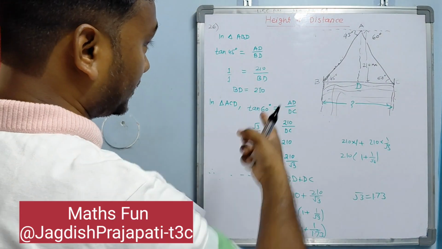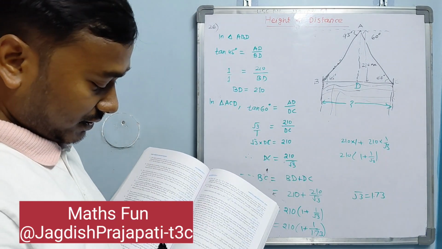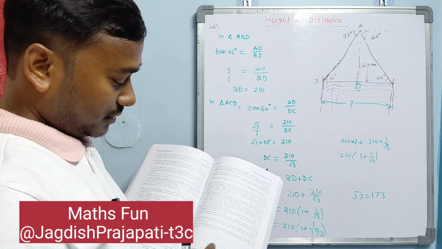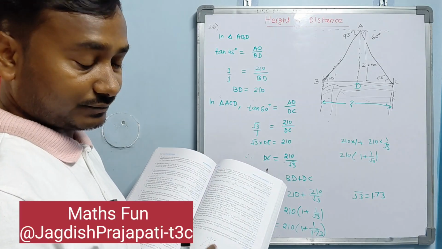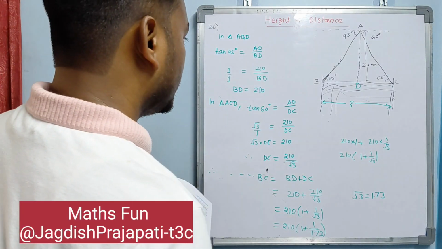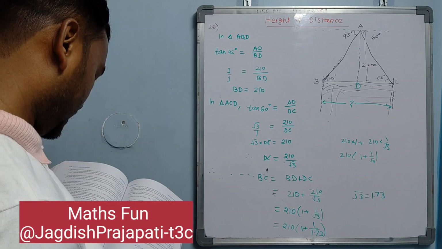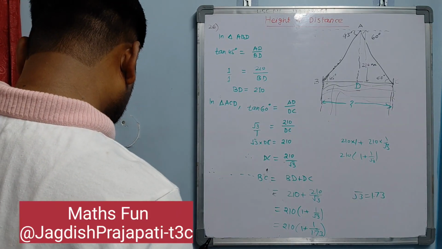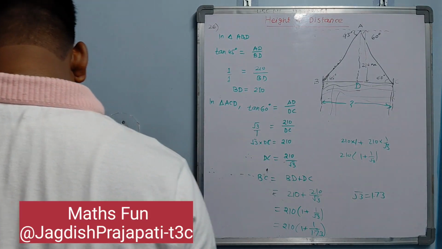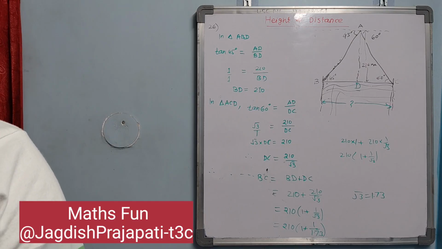Question 31 is exactly like this; it is given in the figure, so I am skipping that also. You can also try 32 and 33, because these types of questions have been solved in the previous lecture.